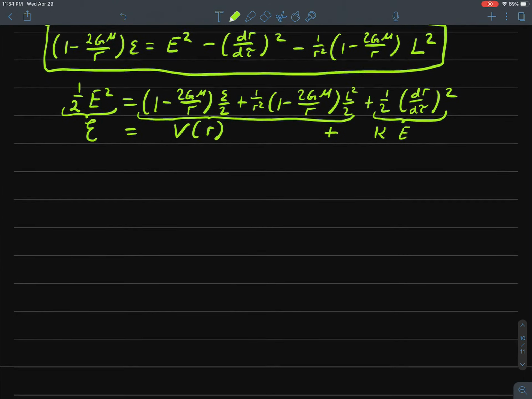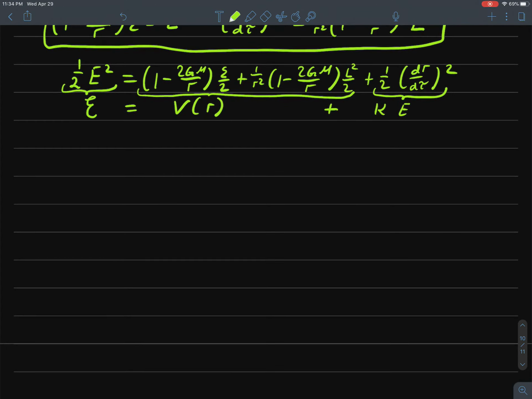So that means that my potential, which is what we need to have, so we did all this work to isolate our gravitational potential, V of r. It's very cool.